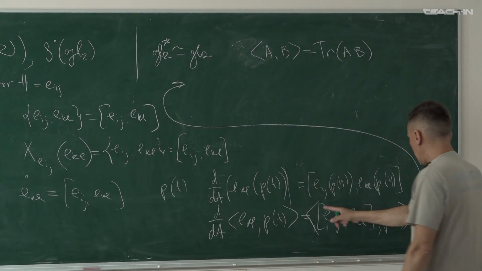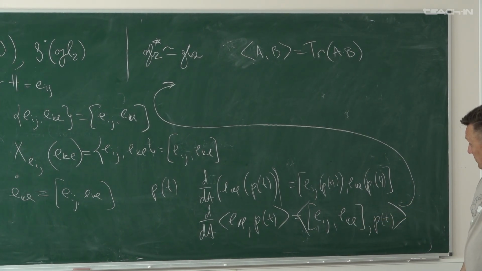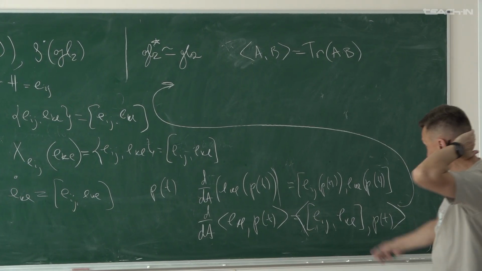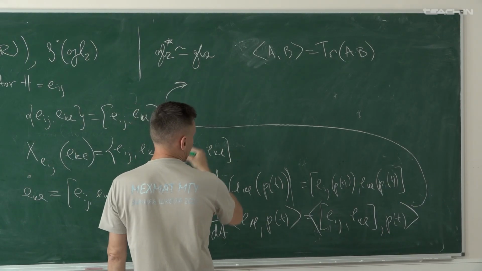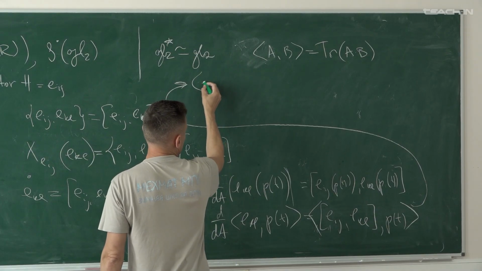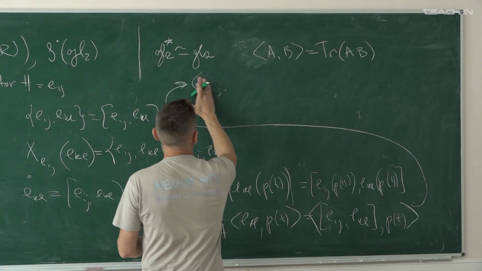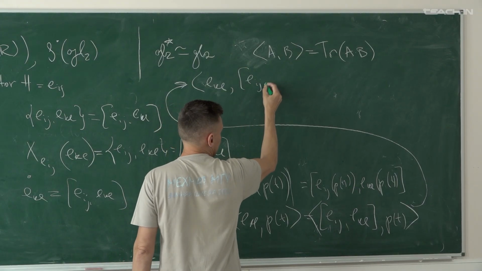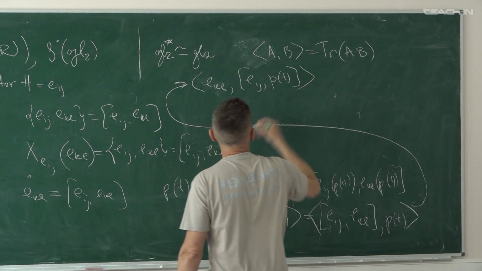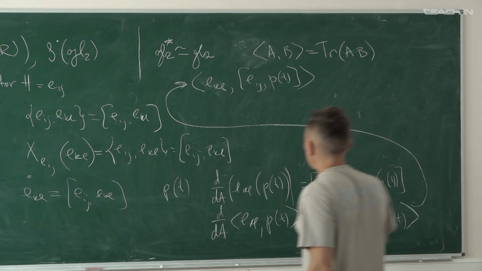You see, this bilinear form is invariant with respect to the action with the commutator, and it can be written as E_ij. I prefer to invert it, to write it E_KL, E_ij P of t, E_ij with minus.